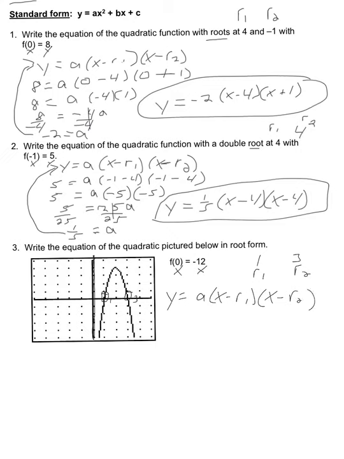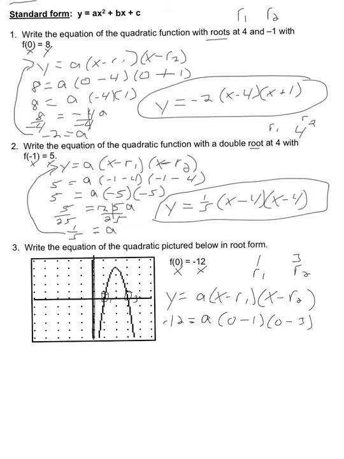Plugging in now, y is negative 12 equals a, parentheses, x is 0, minus root 1, which is 1, 0 again for my x value, minus root 2, which is 3.